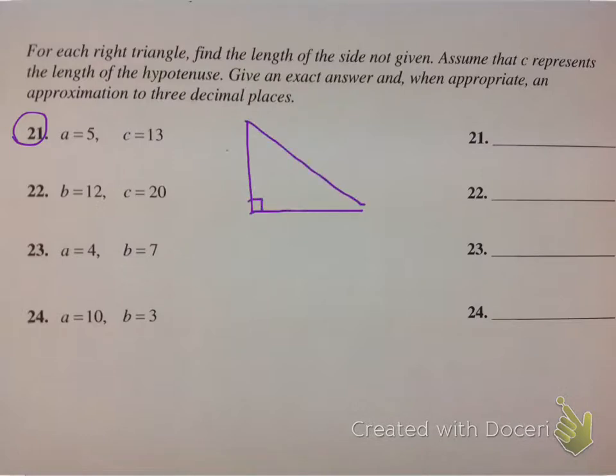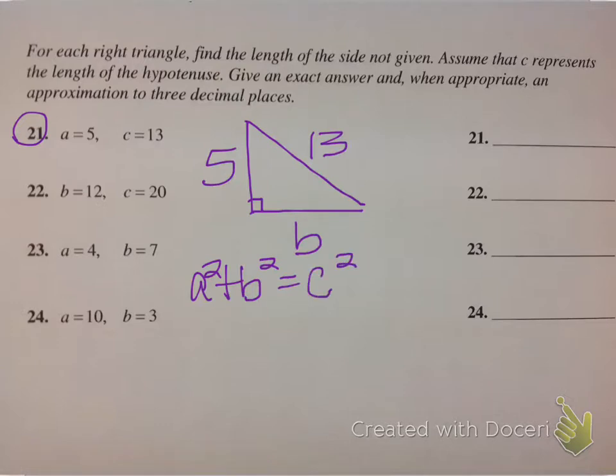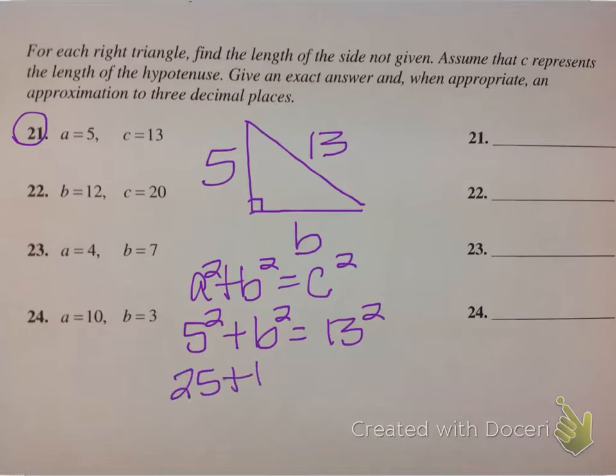They're telling me A is 5 and C is 13, and so I'm finding B. Well, remember your theorem is A squared plus B squared equals C squared. A squared, that's 5 squared, plus B squared, and C is 13. So this is 25, and this is 169.